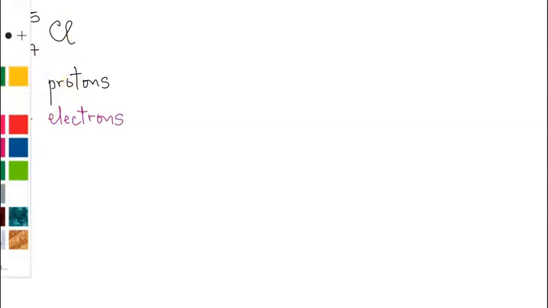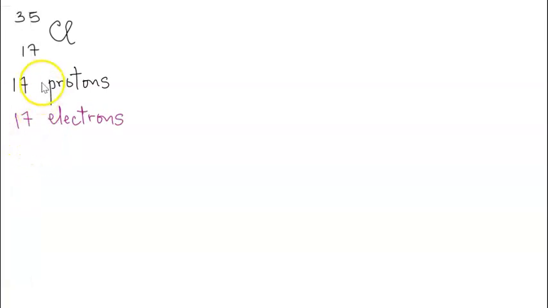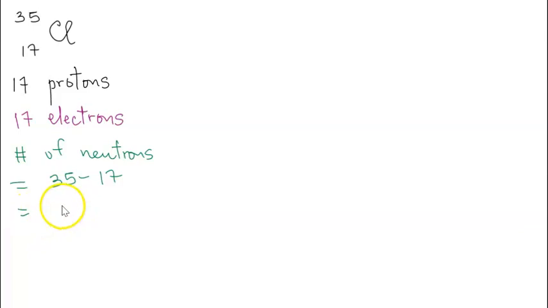And if I want to find the number of neutrons, what I do is I minus my number of protons from the mass number. So number of neutrons is equal to 35 minus 17, which is equal to 18. So I have 18 neutrons.